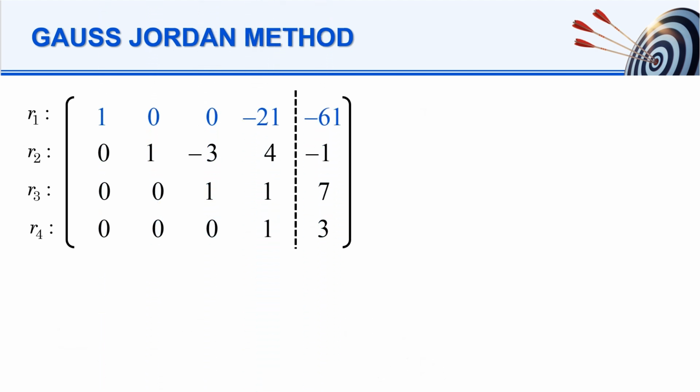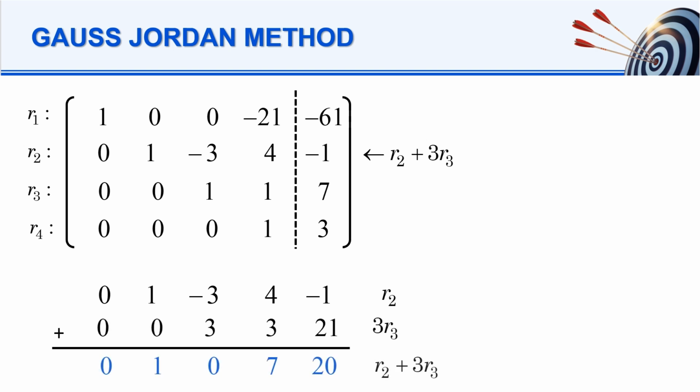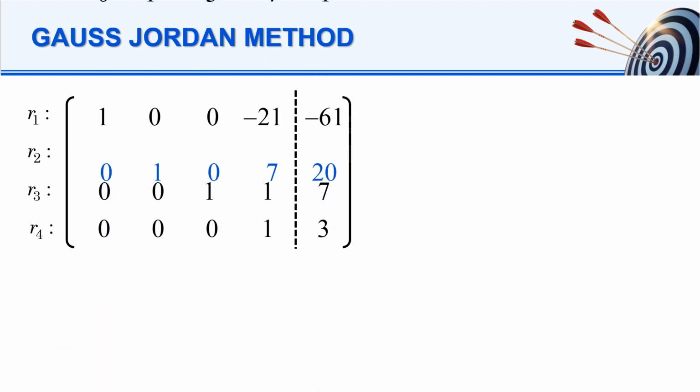This row replaces row 1. To eliminate minus 3 in row 2, we add 3 times row 3 to row 2. We replace the second row with the resulting row, which marks the end of the sixth pass.